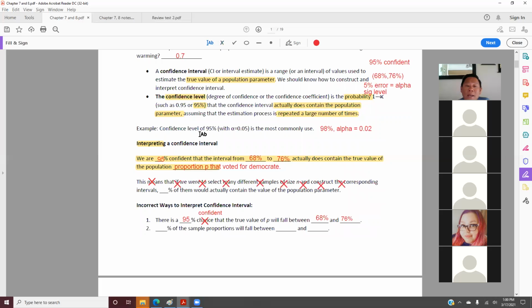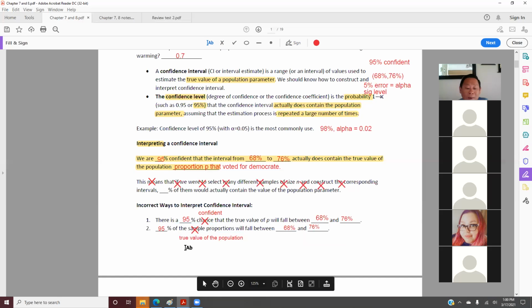Another wrong way is saying 95% of sample proportions will fall between 68% and 76%. This is also wrong because of the words sample proportion. It should be the true value of the population proportion.